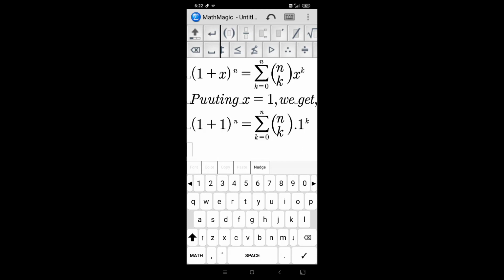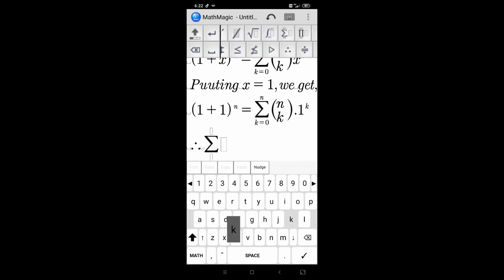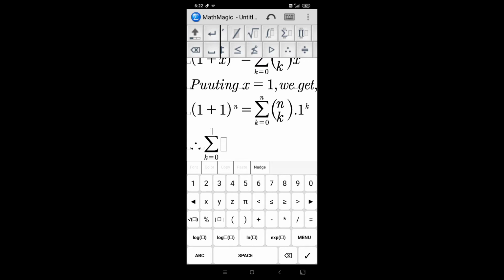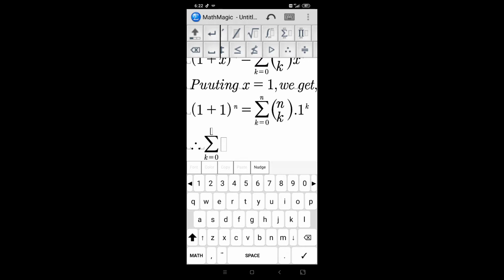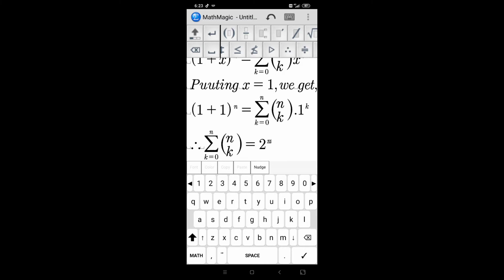So we know that 1 to any power will always be 1. So the sum from k equal to 0 to n of n combination k, and 1 to the k is just 1, into 1 plus 1 means 2 to the n. So this is the first identity.